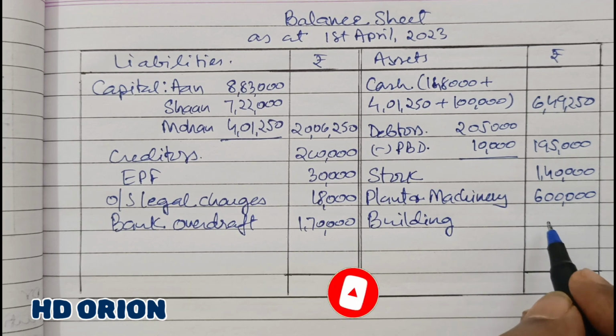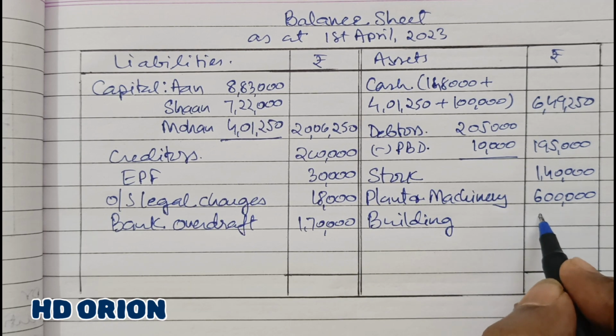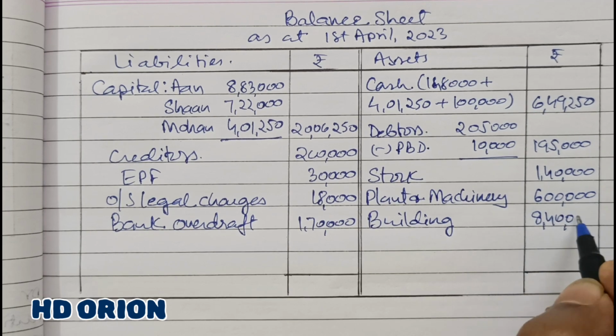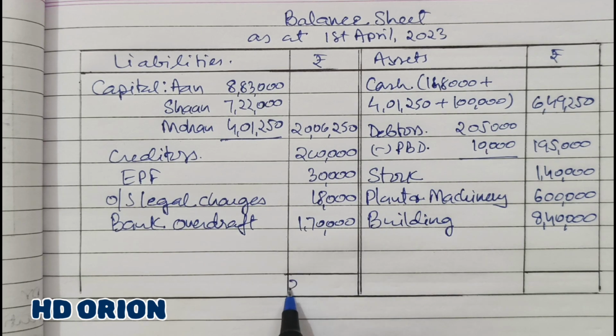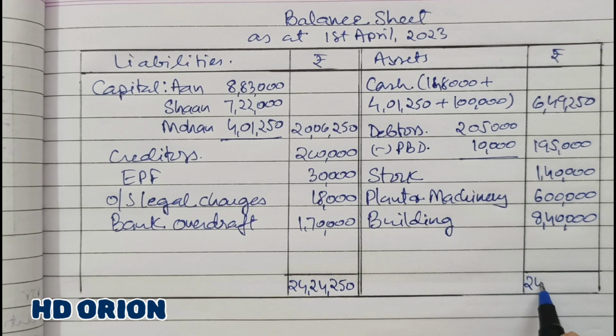So from 7 lakh, 20 percent plus, that is 1,40,000 plus, it is 8,40,000 rupees. That's all. Now grand total it, you will get 24,24,250. So this way the question is to be solved, and this was the last question in the exercise.